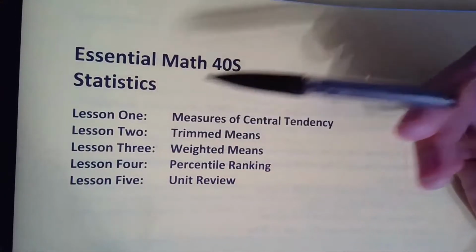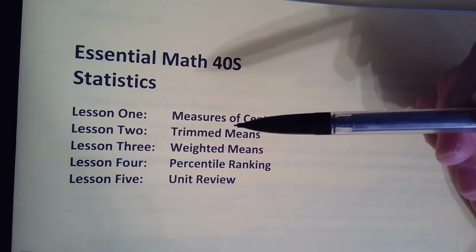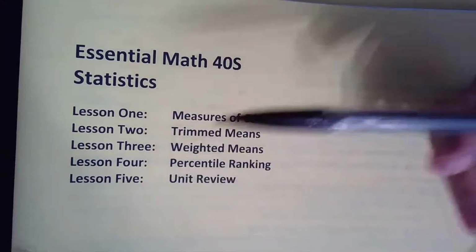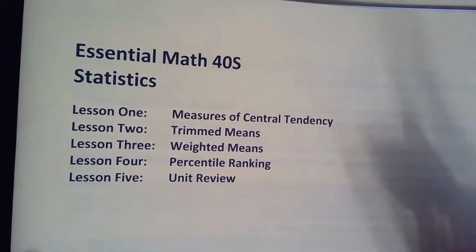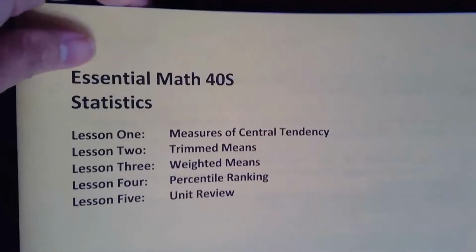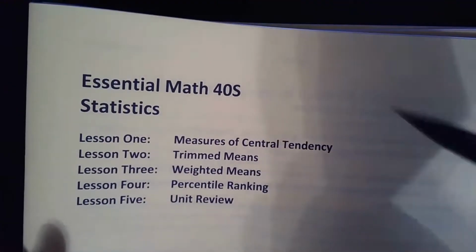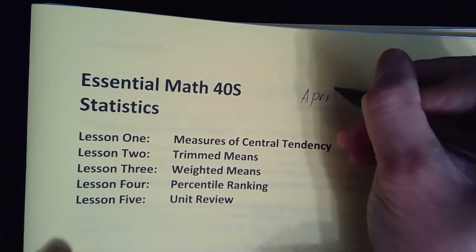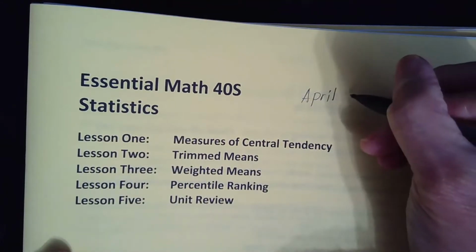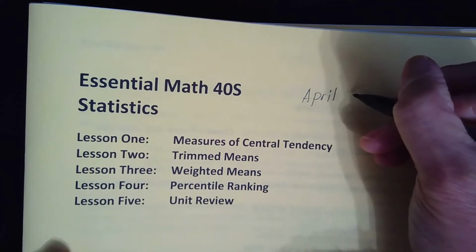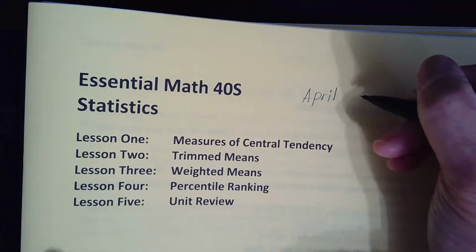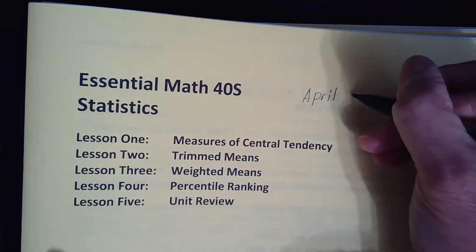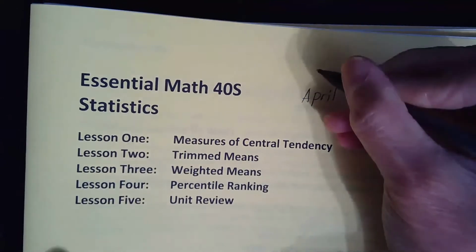As you can see, it's only about four lessons, and then lesson 5 is a unit review. So I think this is my next one. I'm just going to write that down before I forget. So our next one would be statistics. We have tests on April the 6th, so this is going to be starting on April 7th.